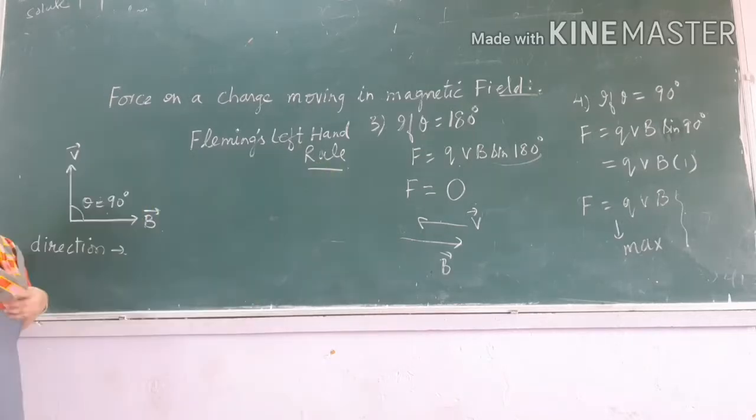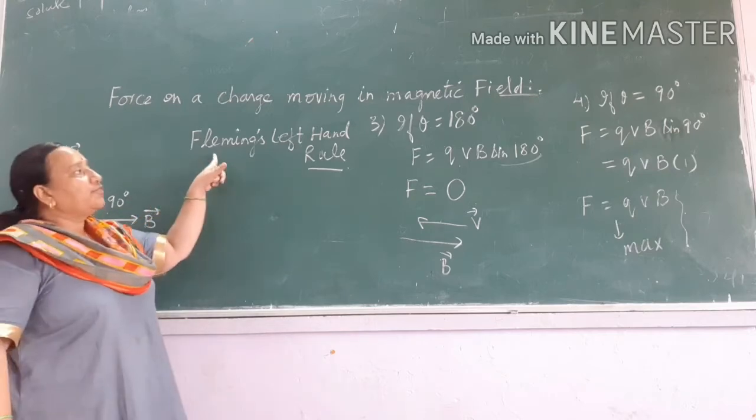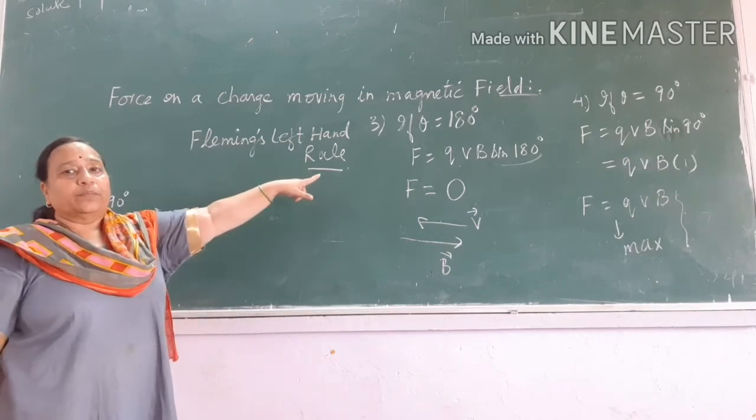Fleming's left hand rule. Now in order to find out the direction of force on this charged particle which is moving with velocity v such that it is perpendicular to B, we will use a rule which is called Fleming's left hand rule.